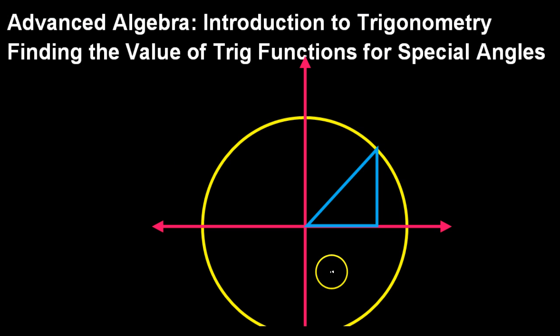Now, this is a unit circle. It's a unit circle because the radius is 1. So that's 1 in all directions, including the hypotenuse of this triangle, which is going to be 1 because that's also the radius. Now, the unit circle is very useful. In this lesson, we're going to be working with radians instead of degrees.